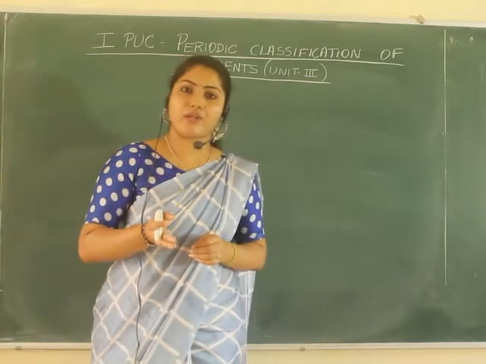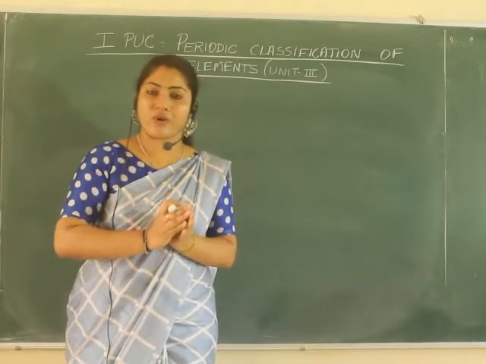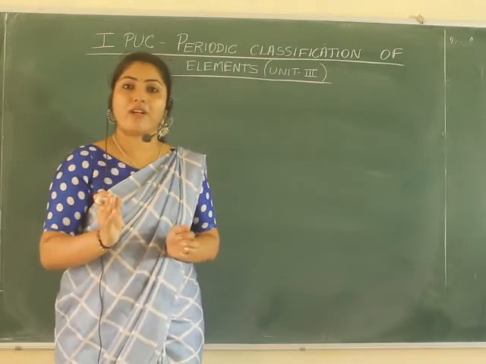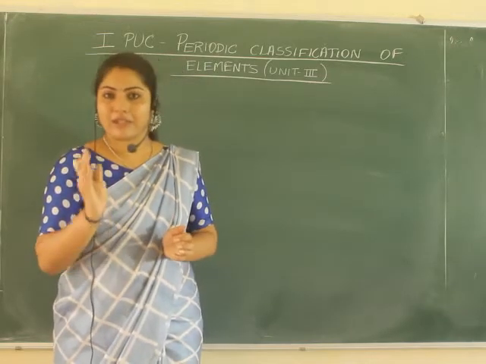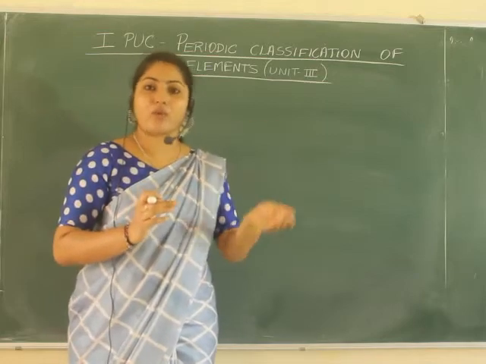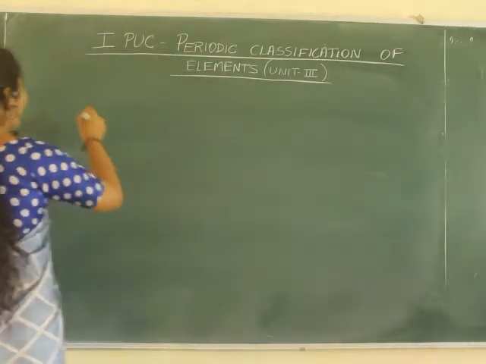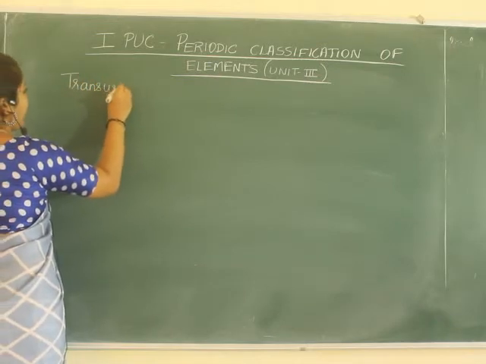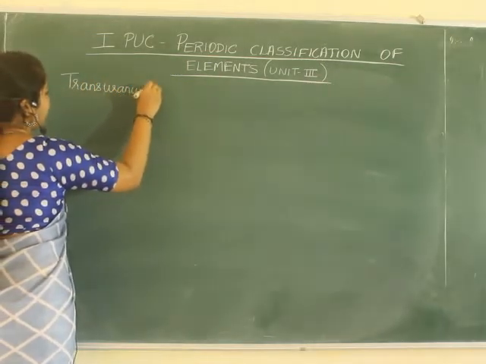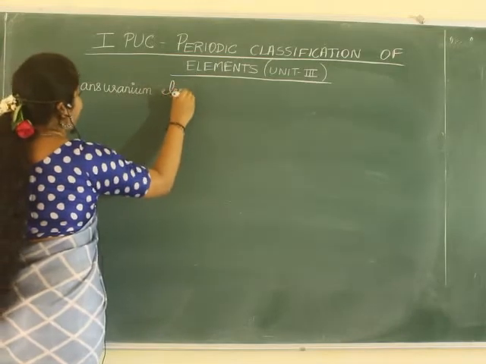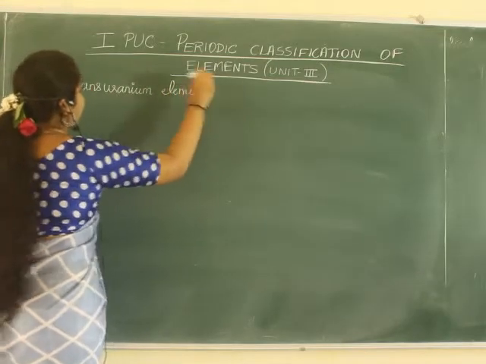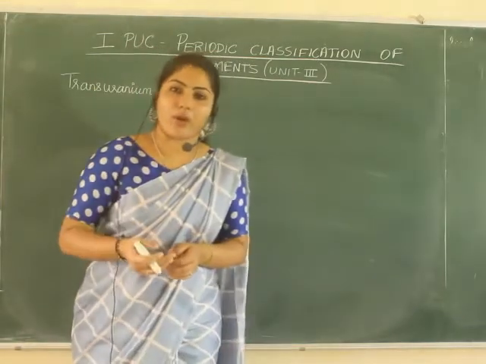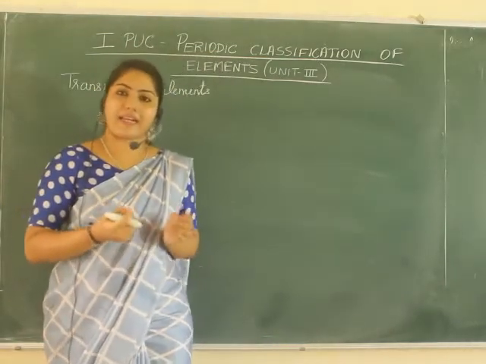Hope I have even mentioned to you that D block elements are also called transition elements and F block elements are called inner transition elements. And after uranium, the elements are called trans uranium elements.